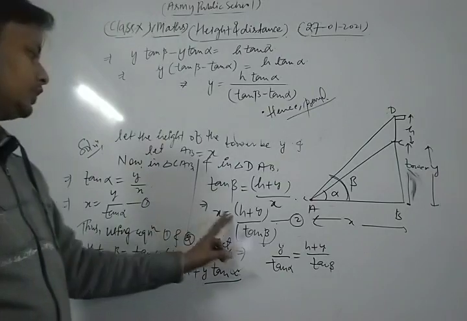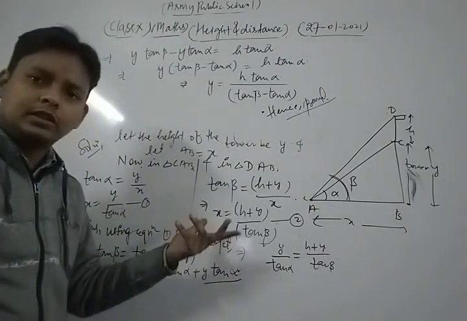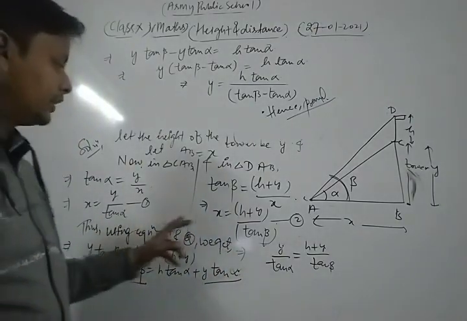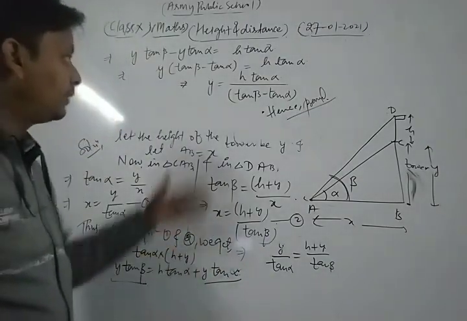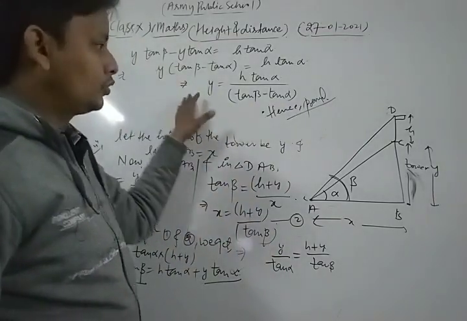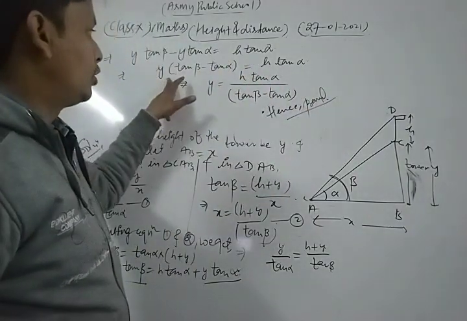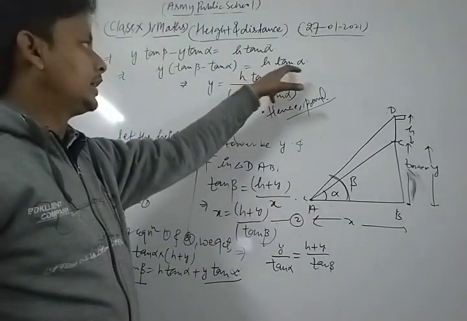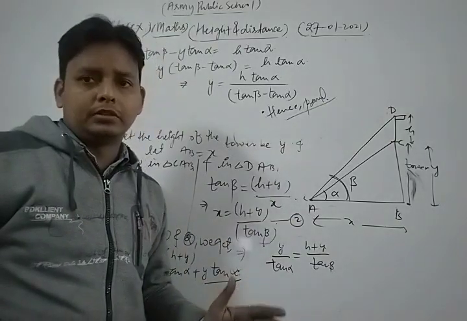Using these two equations, dear friends, we eliminate the value of x, because we have no use of x here. After that we simplify and collect the value of y. We take y as common, because the height of the tower is y, so we get tan beta minus tan alpha, and y is equal to h tan alpha upon tan beta minus tan alpha. This is our required result.